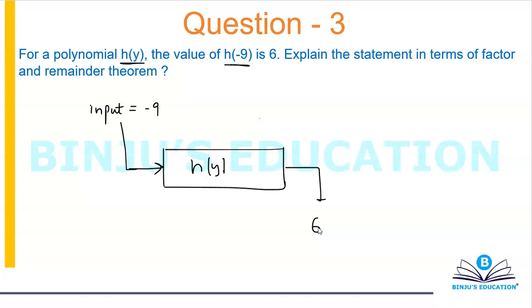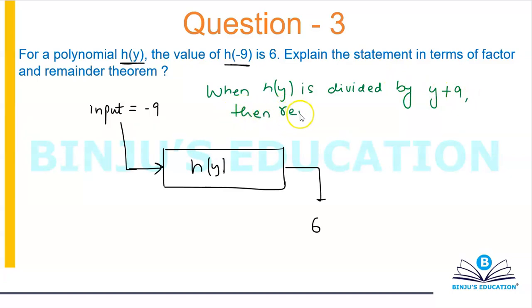So in terms of factor or remainder theorem, what I can say is that when h of y is divided by y plus 9, then remainder is 6. Because I told you that whatever is your output, that is basically your remainder.